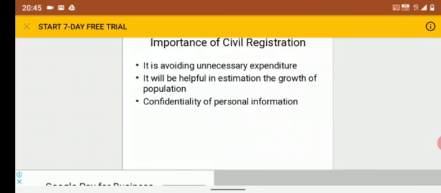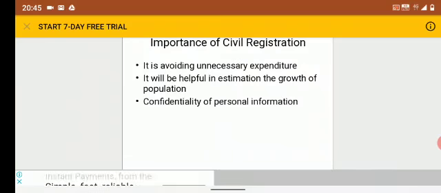Regarding the importance of civil registration in India, it avoids unnecessary expenditure, as our illiteracy rate is high. It avoids unnecessary expenditure when compared to other techniques of tool collection.